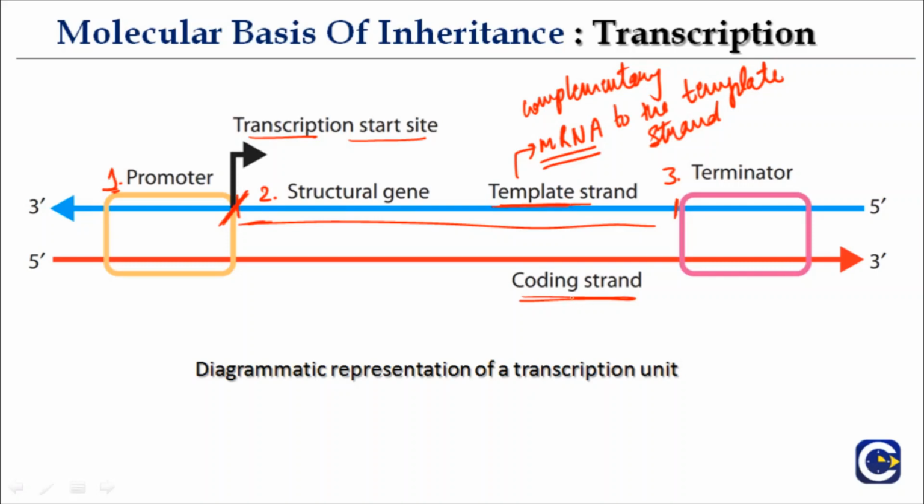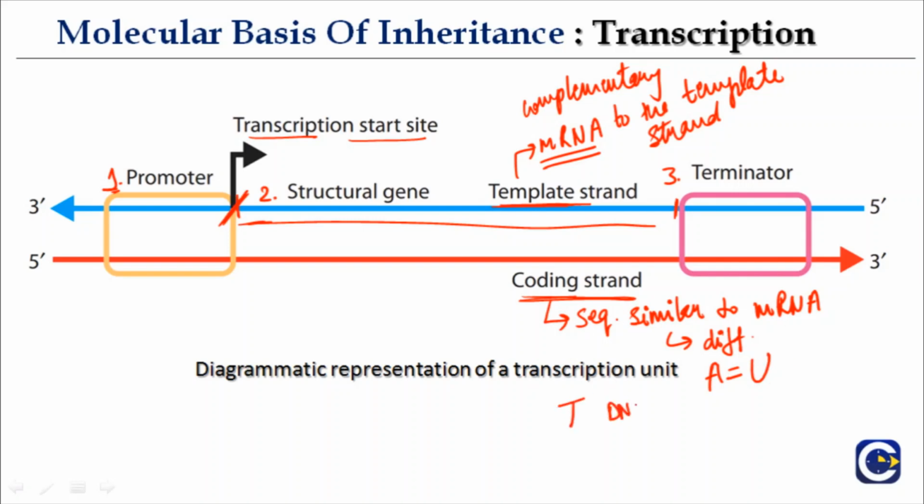The other strand is the coding strand. It is called the coding strand because it has a sequence similar to mRNA. The only important difference is that adenine will pair with uracil, so instead of thymine on DNA, there will be uracil on the RNA.